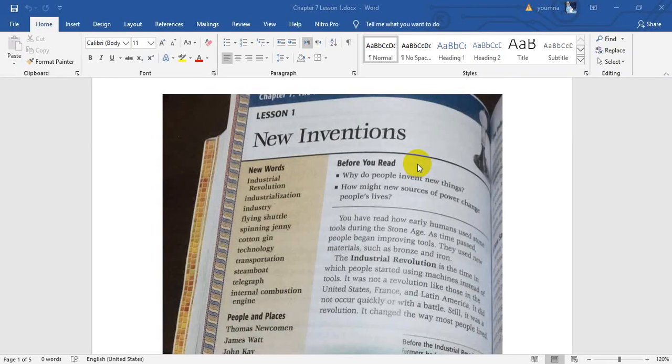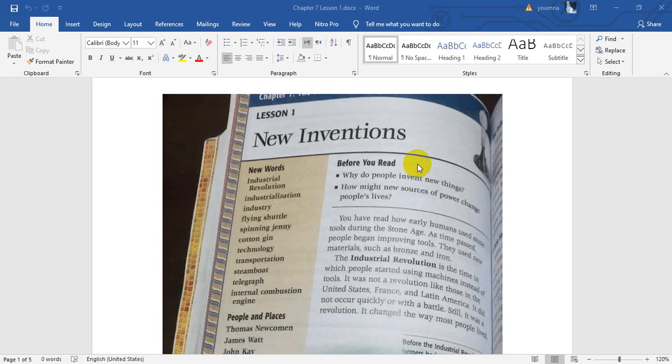Today we are going to start with the SSE chapter 7 lesson 1. So please all of you open with me page 98. If you look with me here at the beginning, you're gonna find at the top Chapter 7, The Industrial Revolution. We took revolution before, the American Revolution and the French Revolution.